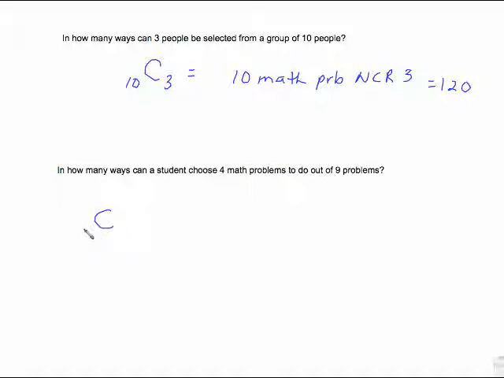Out of 9 problems, we're choosing 4 to do. That will be 9, math, arrow over to PRB, choose nCr, type in 4, and that works out to be 126. This nCr formula is the main formula we will need in section 11.5 to do what's called the binomial theorem.